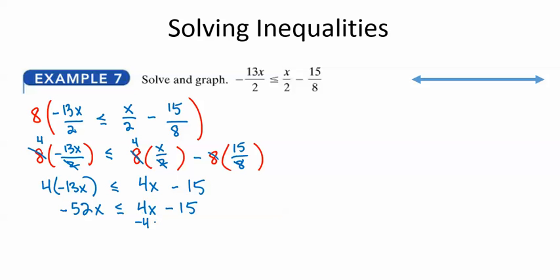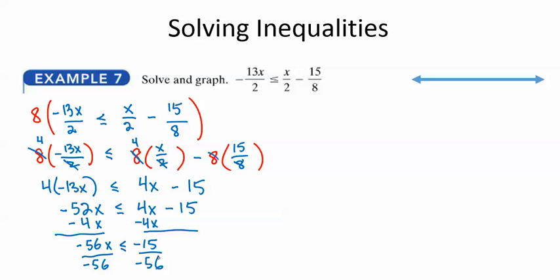So I'm going to subtract 4x from both sides here. When I do, I have negative 56x less than or equal to negative 15, dividing both sides by negative 56.